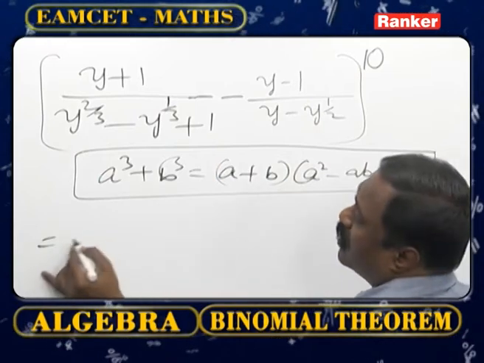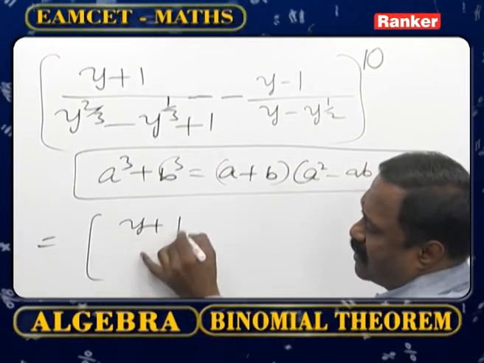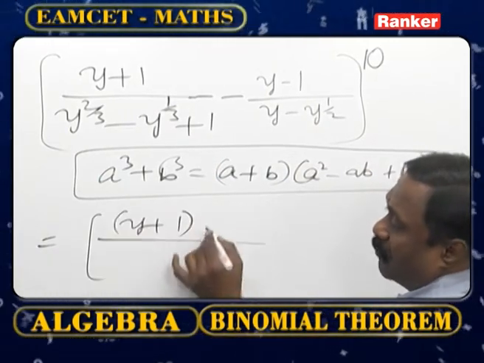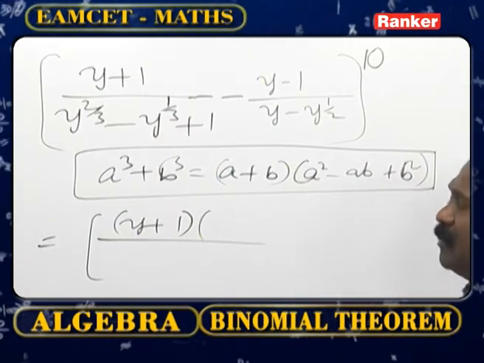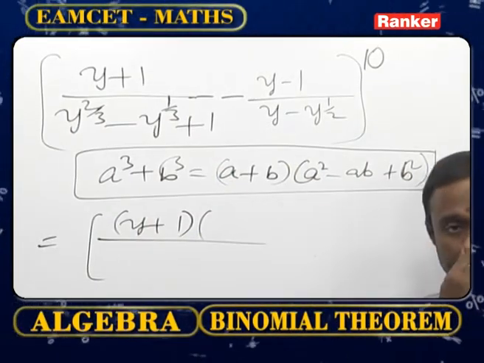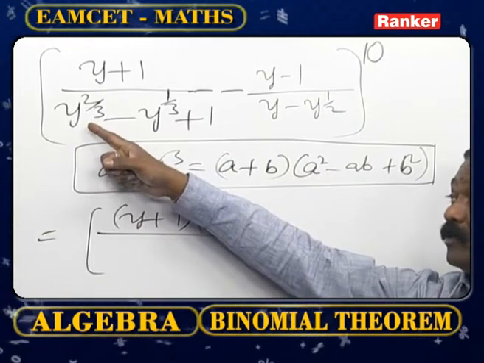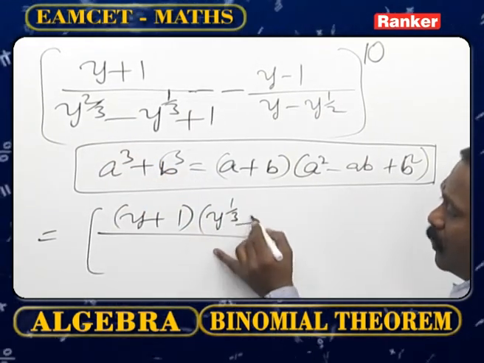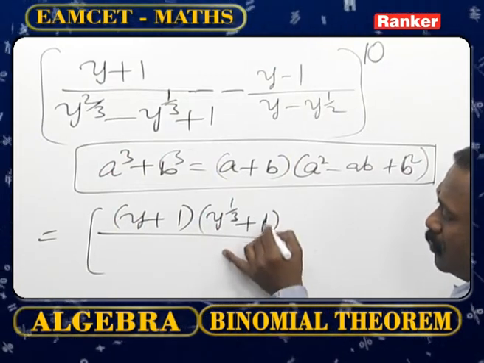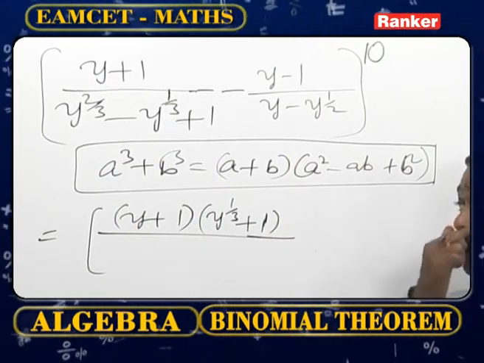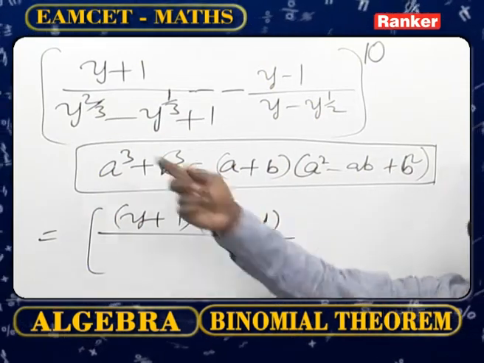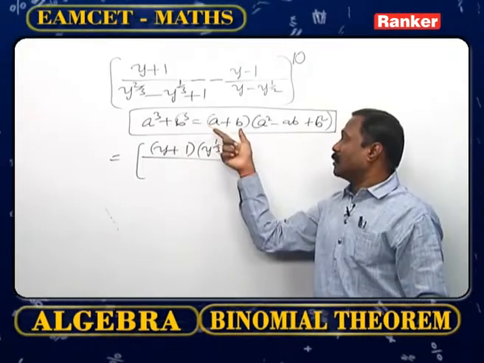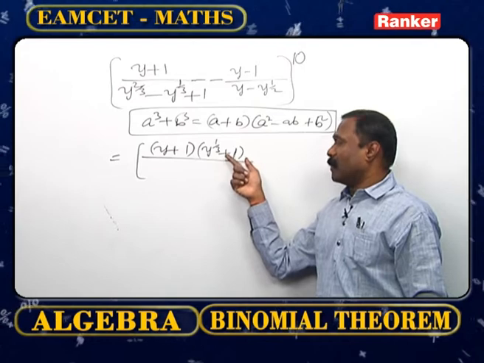So what I do now, I'll first simplify this by multiplying and dividing with a plus b. What is a in this case? y power 1 by 3. So y power 1 by 3 plus 1, and I'm multiplying this factor with y power 1 by 3 plus 1.